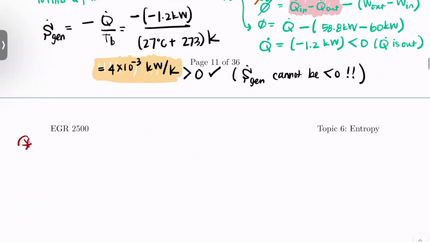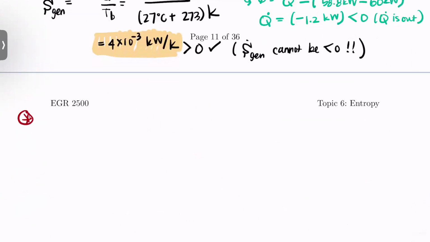All right, so continuing on this just a little bit. Fundamentally, entropy change is caused by heat transfer as well as irreversibilities.